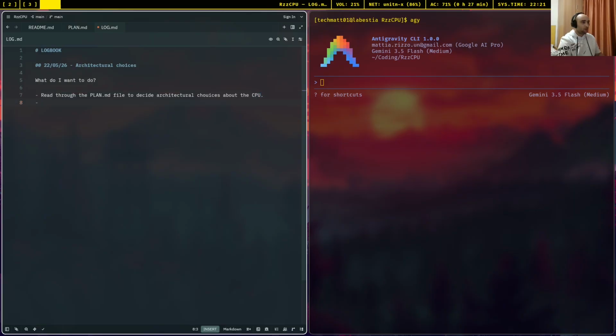Maybe after I have that, I can also start working on something small which can be already implemented, because I want to get to some real hardware here. I have the board with me. It's here.